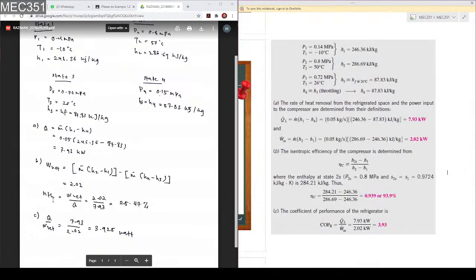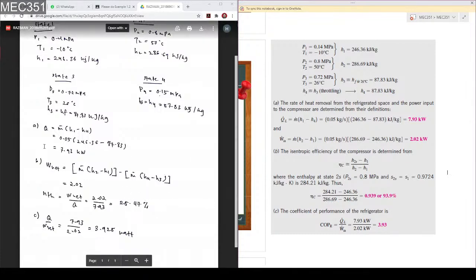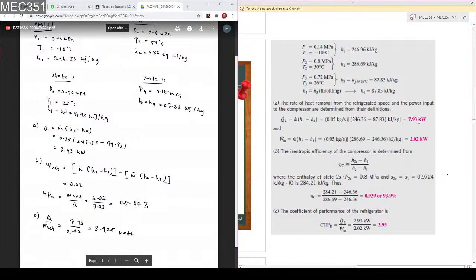Okay, it's correct. But the efficiency is 25%, this is wrong. 7.93 kilowatt for the absorbed heat removal QL, right, correct. But work in is incorrect.